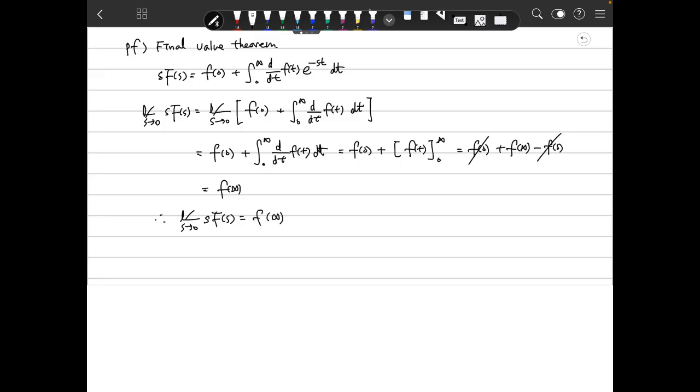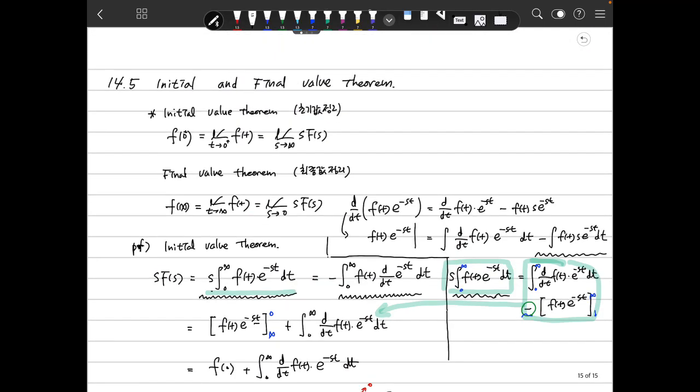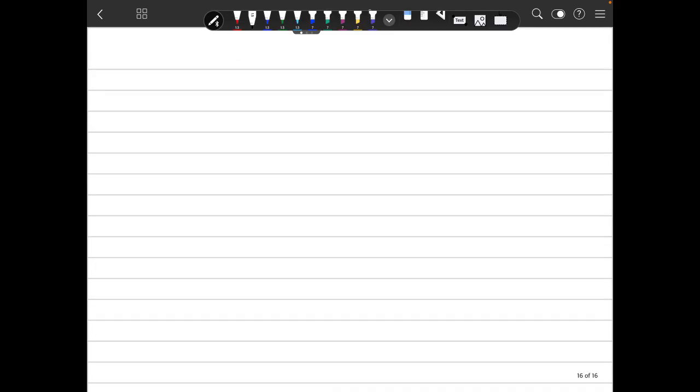That is the final value theorem. Because of these theorems, we can solve very simple calculations. Without these theorems, it would be very complicated, but using them, we can get the solution very easily. Let's give some example.